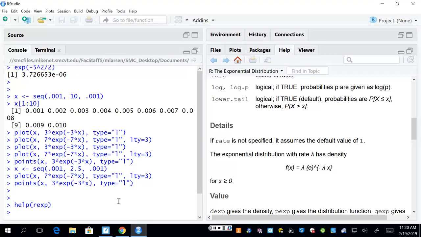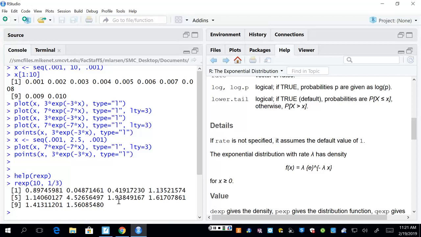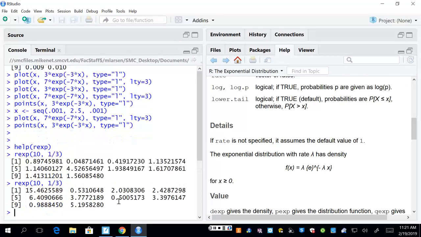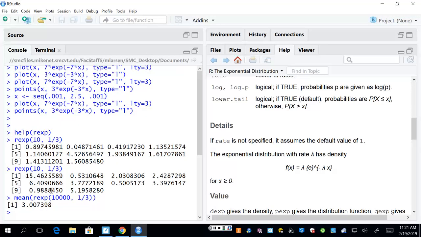So if we take a random sample from an exponential, say we take 10 values, and our parameter is 1/3, we're getting values like this. Oh, we got 15, sometimes you get large values there. If you take a whole bunch of values, say 10,000 values, what should the mean be? The mean should be about 3. So it's matching that.